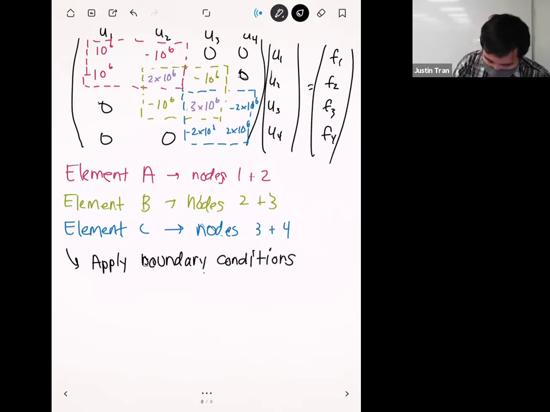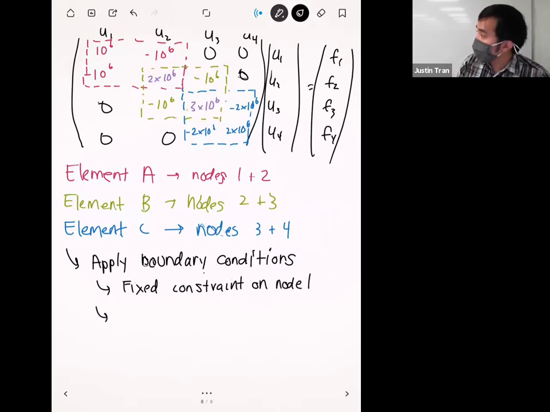And so for our boundary conditions, we have 3 in this case. And so the first boundary condition is a fixed constraint on node 1. The next boundary condition is a fixed constraint on node 4.